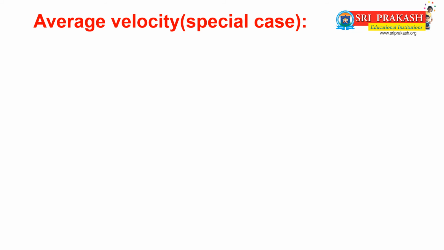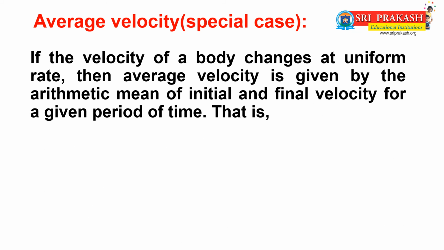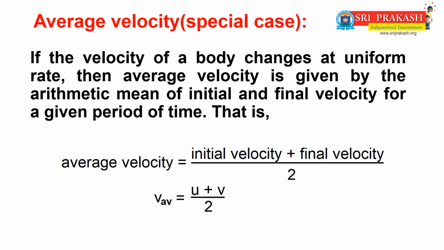Average velocity, special case. If the velocity of a body changes at a uniform rate, then average velocity is given by the arithmetic mean of initial and final velocity for a given period of time. That is, average velocity is equal to initial velocity plus final velocity by 2.